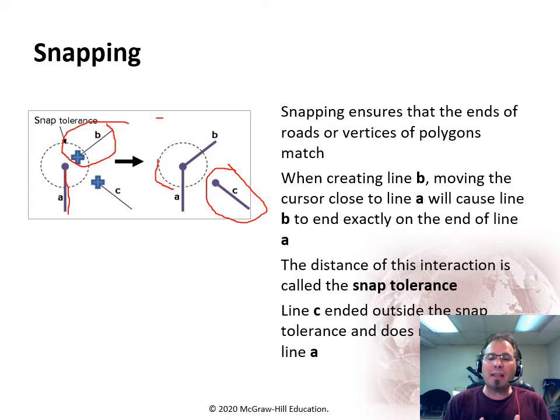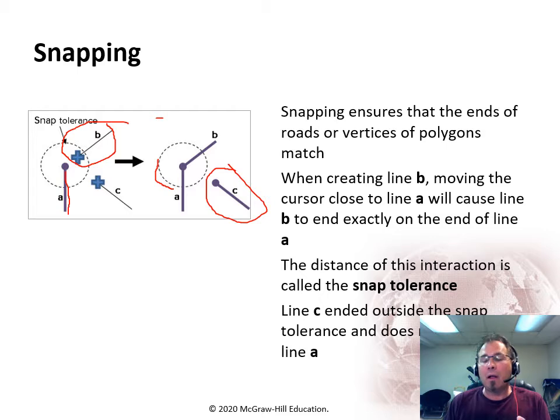But once you get that within the confines of this dotted circle, the program knows, hey, I'm trying to connect these, and it'll sort of suck it up and connect it where it needs to be. So the snap tolerance is the amount of area that the program understands.